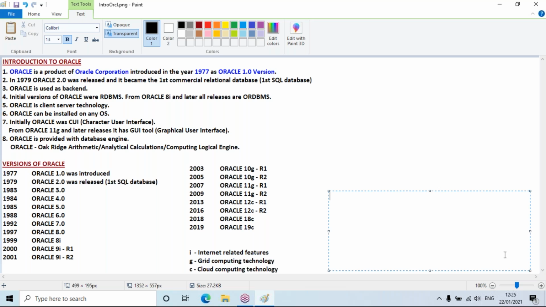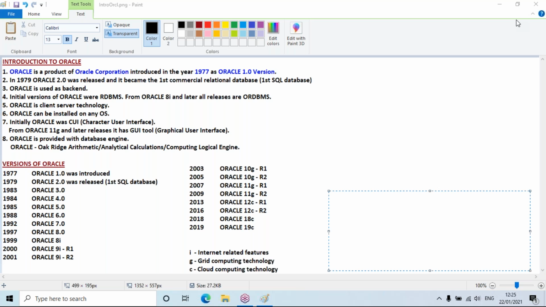As far as my experience is concerned, I found still companies working with 10G, and few companies have migrated to 11G. Majority of the companies have still not come to usage of 12C, 18C, 19C. They are still going with 10G and 11G.